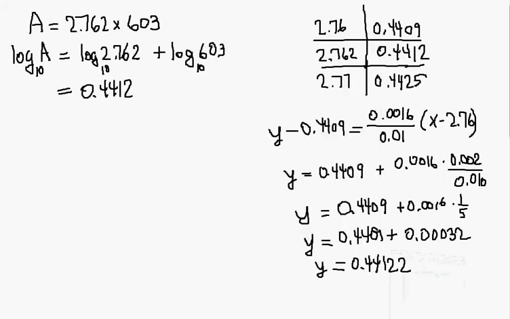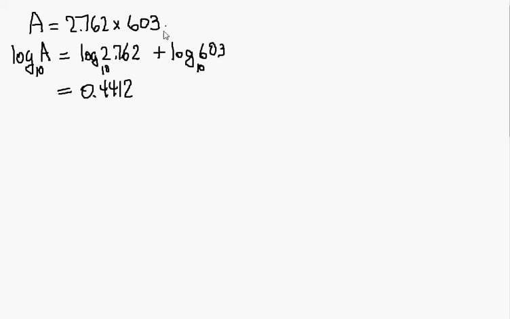Now let's take a look at the logarithm of 603. So let me clear out the calculations here on the side. Now in days of yore, I would automatically write this as 2 point something. I know full well the answer is going to be between 2 and 3. The logarithm of 100 is 2. The logarithm of 1,000 is 3. So the logarithm of 600 is 2 point something.